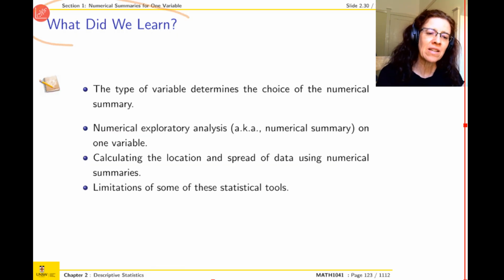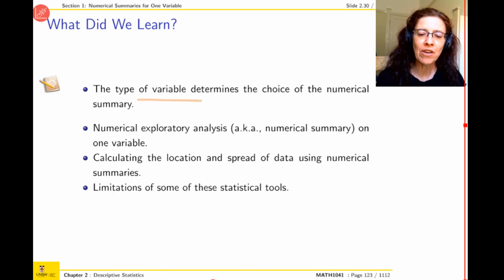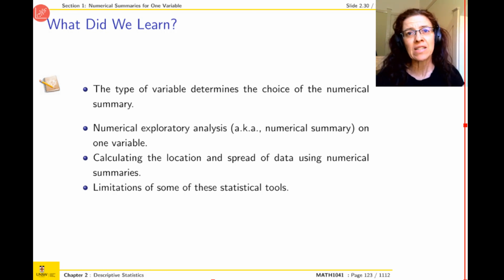So it's important that at the end of a section, you try to reflect on what you learned. And it's a little bit like the checklist initially, that there are different types of variable, and that really tells you what numerical summary you're going to use. You should also know by now what are the possible numerical summaries when there is only one variable, depending on its type.